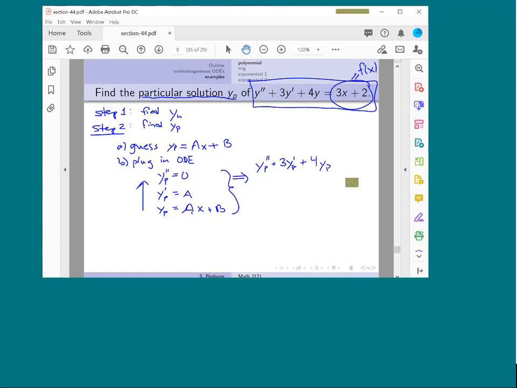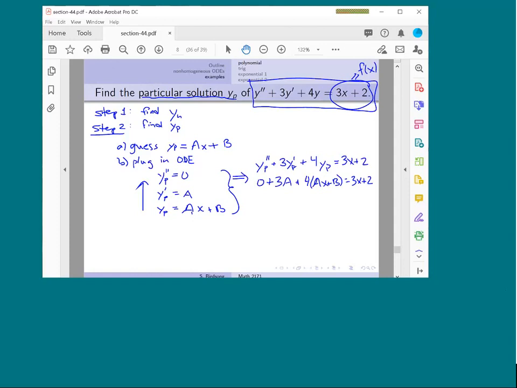I'm going to also write the far side of the equation, because we're going to drop in and then solve. Our second derivative was 0. Our first derivative was a, so that's 3a. And the only thing that has a little bit of work on it is the regular old function, which was 4 times ax plus b. And then we've got the 3x plus 2 on the far side.